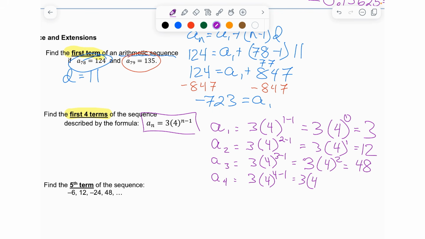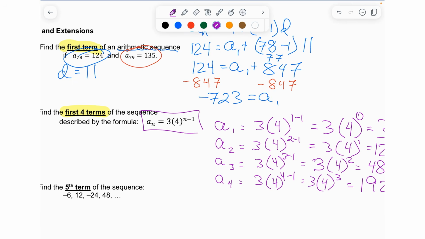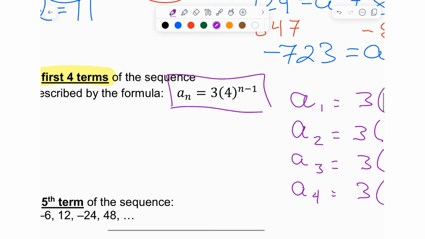Oh, what's that you're saying? Of course, I can't really hear you, but I'm wondering if you're saying, Miss Naylor, I could have done this a different way. How so? How could you have done this a different way? Maybe we could have used the formula to get that first term, right? The first term is 3. And we could have used the formula to get that common ratio of 4.